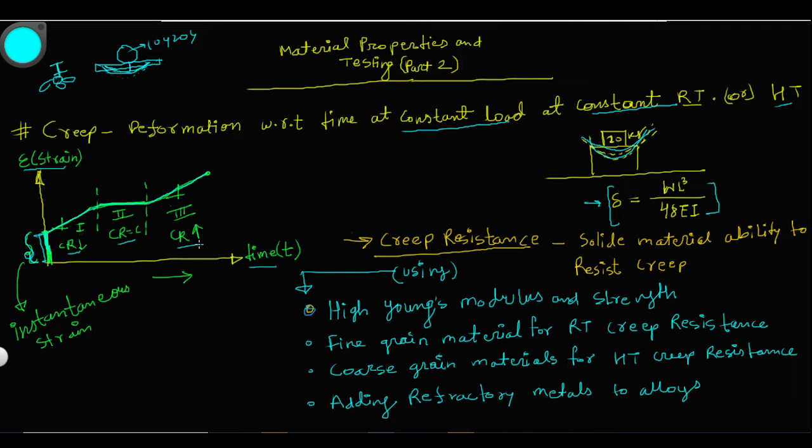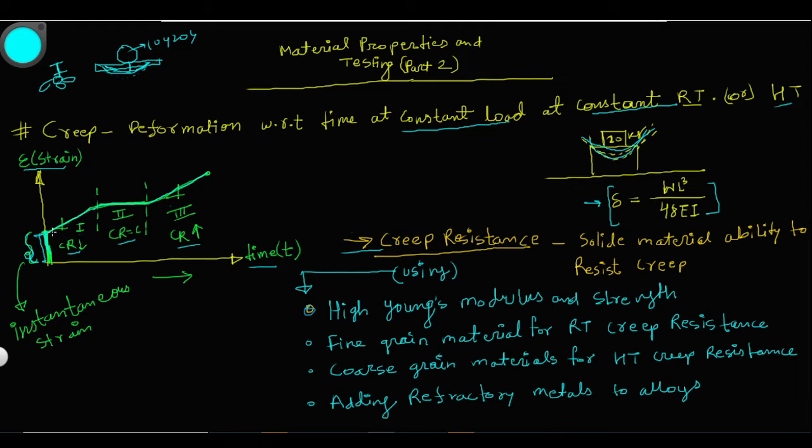So what is creep resistance? Creep resistance is a material property or solid property. It is the solid material's ability to resist creep. By virtue of creep resistance, the material resists creep.